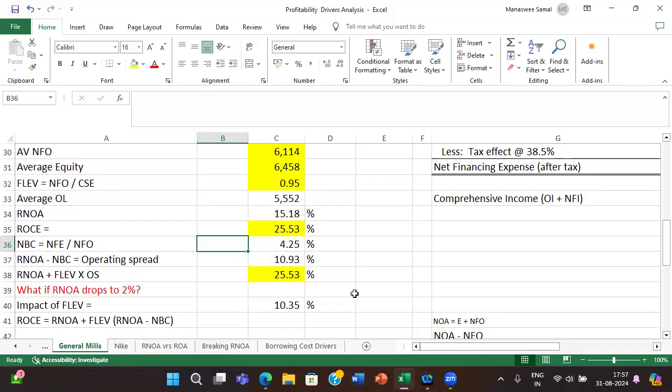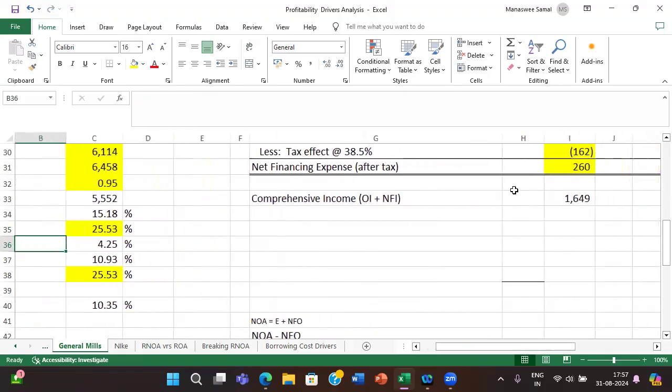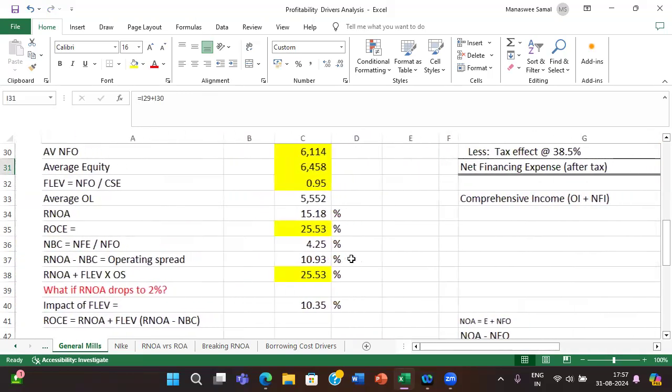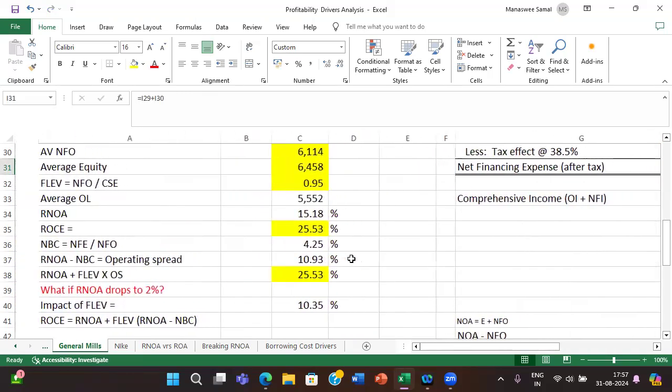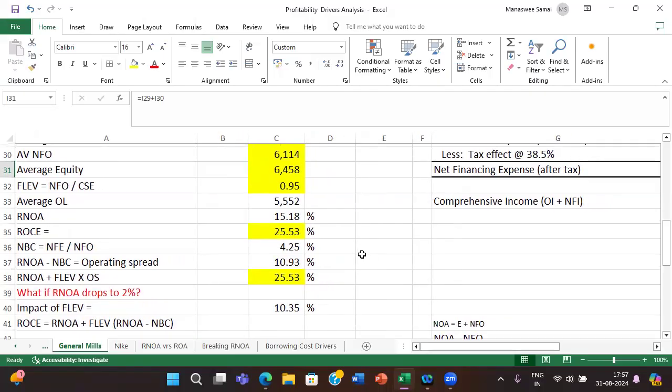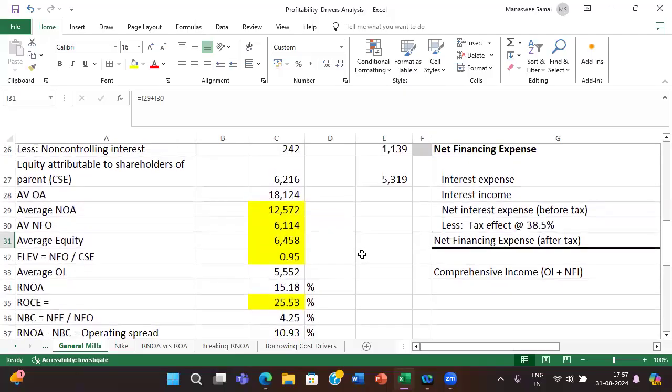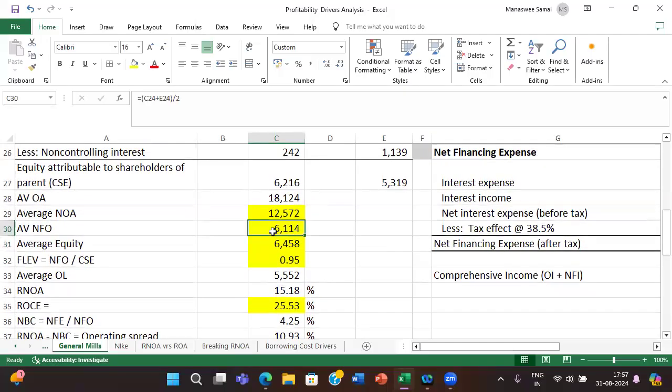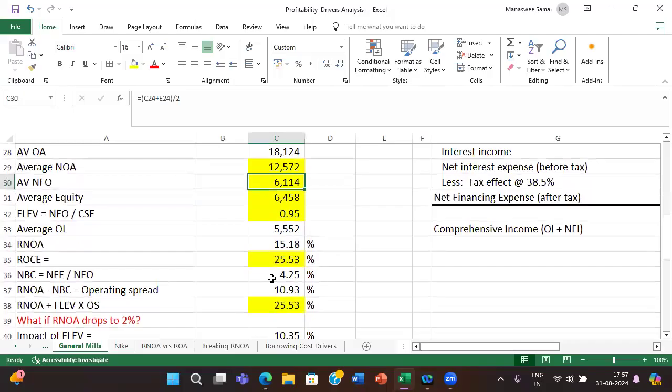So you have NFE figure after tax, 260, divided by your average NFO figure, which is already available with you. I think average NFO is 6114. So that NFE divided by NFO is giving you 4.25%. Therefore, if you recall, we always said that every component is an after tax component.